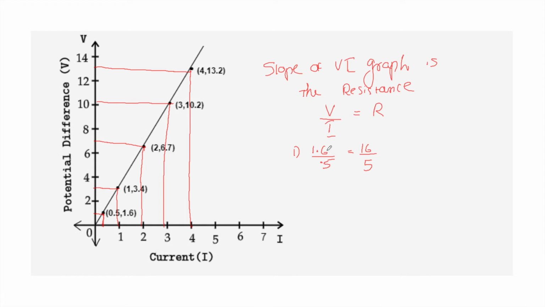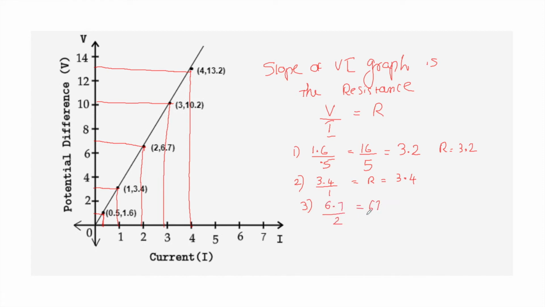Okay, so here I multiplied with 10 in the numerator and denominator, then it will be 16 by 5 and it will be 3.2. Okay, so here the resistance it is 3.2 in the first case. In the second case we can take 3.4 by 1. Okay, so R it will be 3.4. In the third case, it will be 6.7 by 2.